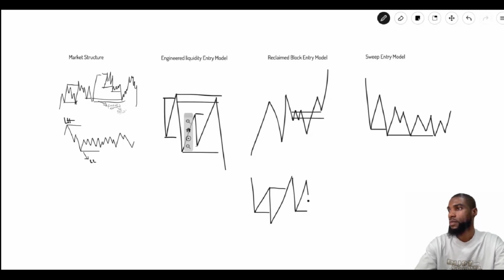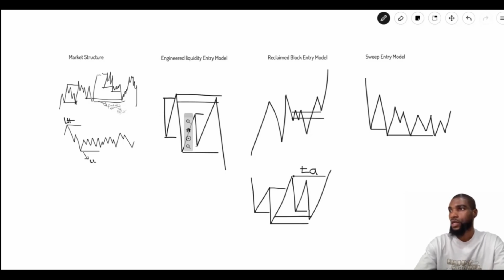So price comes back and mitigates this other block, and then boom, this should be your target. So this is the entry model we are going to talk about today, and I'm also going to show you guys examples of trades that I took using this entry model on gold last week.